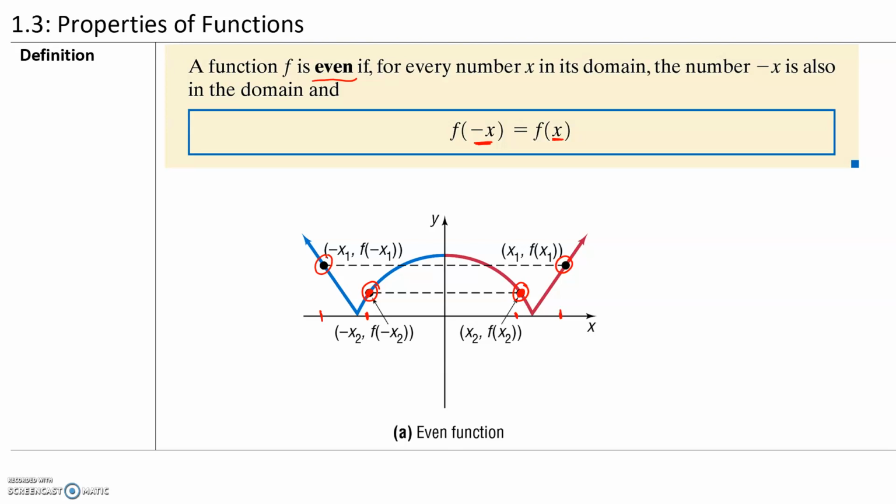And notice what happens. Every time we have a positive x and a negative x, you have the same output. So what's happening is on both sides of the y-axis, we have symmetry, which means that the points are the same on both sides of the y-axis.